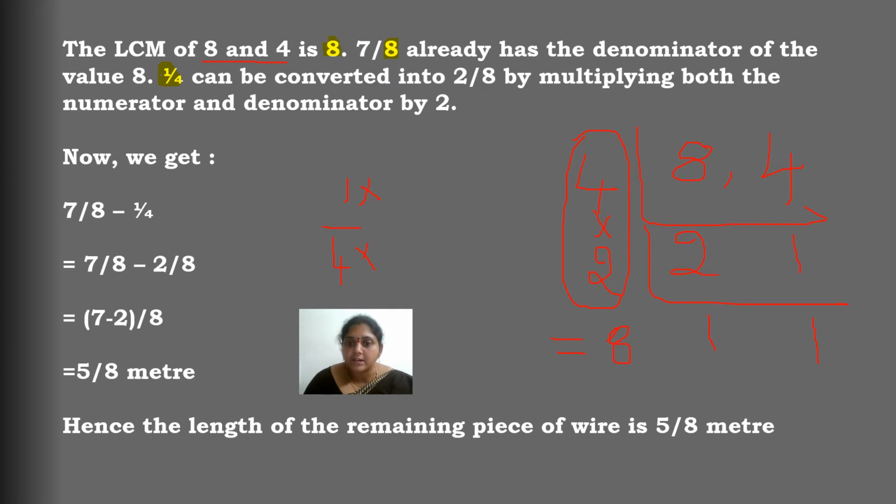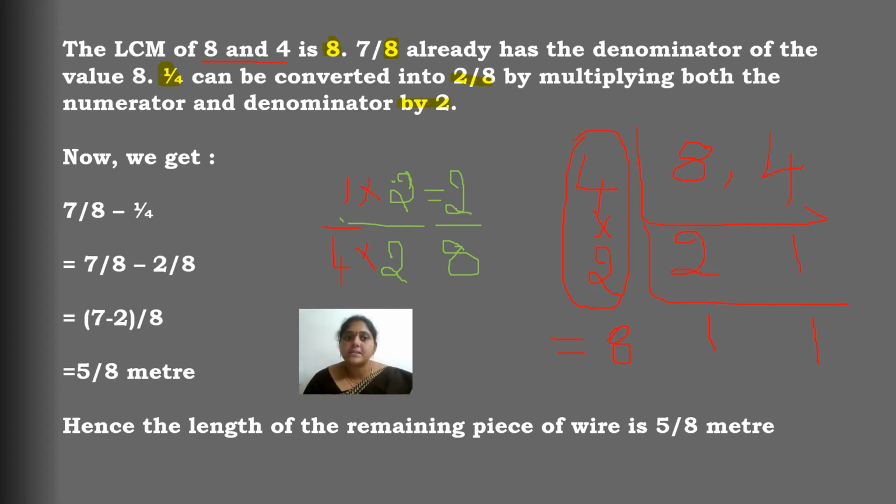Yes, you have to multiply this number by 2. Same number 2 should be multiplied on the numerator side. So 1 into 2 is equal to 2 and 4 into 2 is equal to 8. Your answer is now 2 by 8. 1 by 4 is converted into 2 by 8 by multiplying both the numerator and denominator by 2.